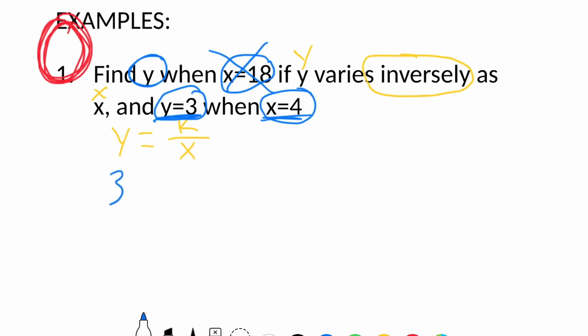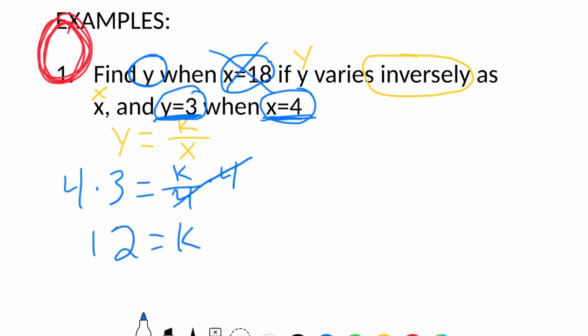So in this case, y is 3, k you do not know, but x is 4. So you're solving for k. Multiply by 4, multiply by 4, 4's cancel out, you get 12 equals k. So for number 1, k is always 12, every single time.